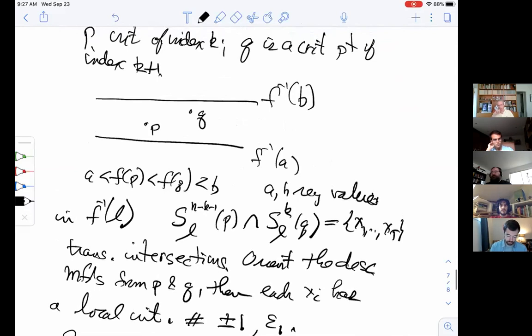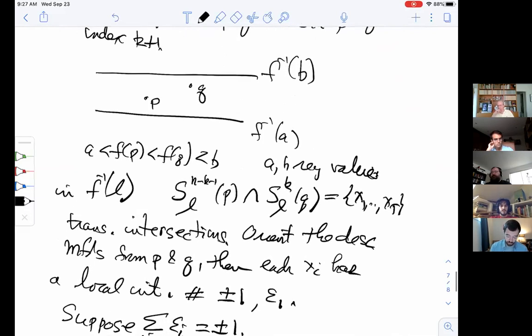So in the first cancellation theorem, the intersection of P and Q was one point of transverse intersection, so its intersection number was plus or minus 1. The algebraic intersection of these two spheres is plus or minus 1. This time, I'm not assuming that there's a single flow line from P to Q. There's some finite collection of them.